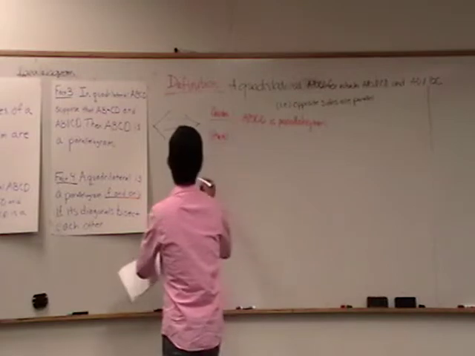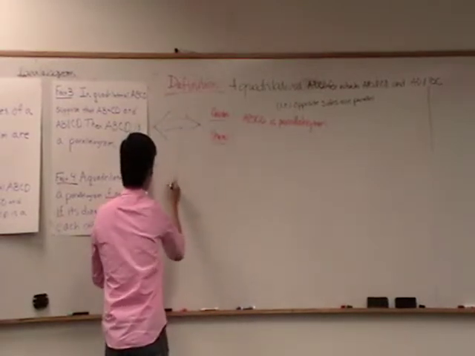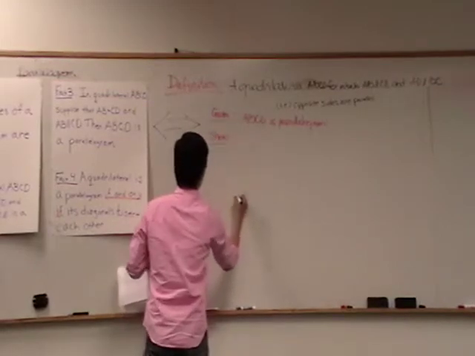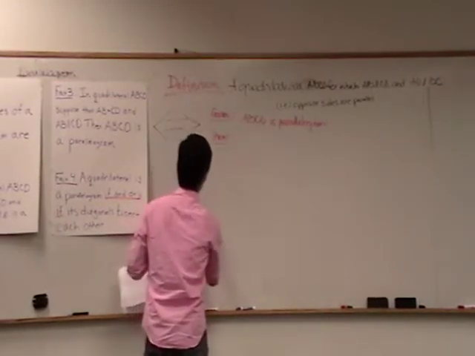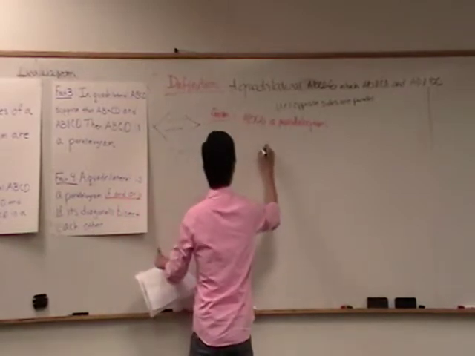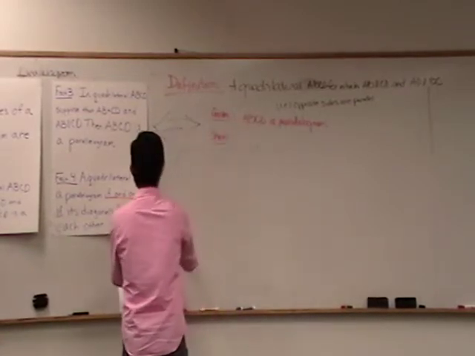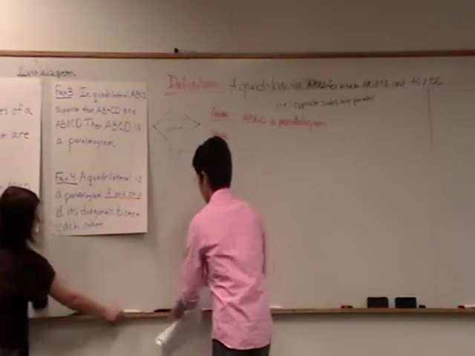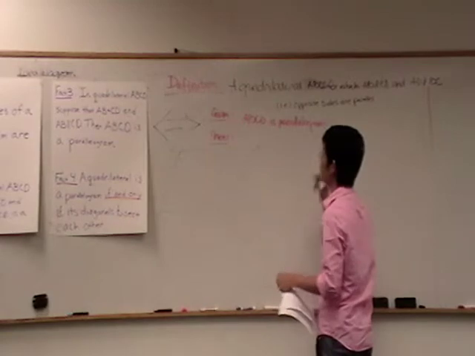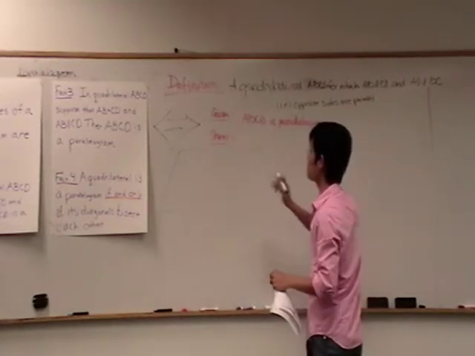Before we show, I want to draw a picture for you. For example, A, B, C, and D. What did we know from the definition and fact 1, fact 2, and fact 3?